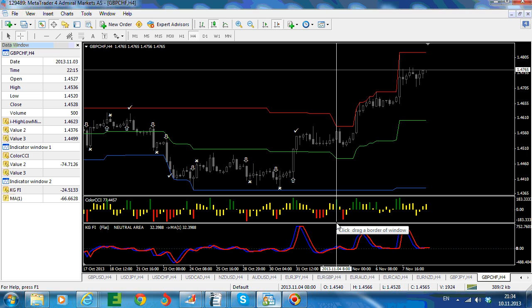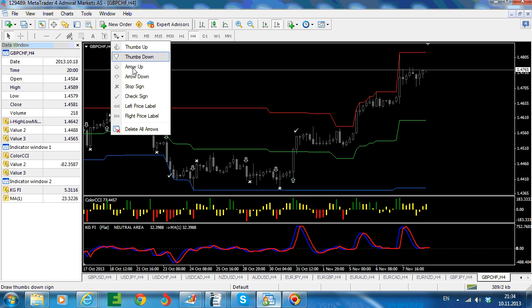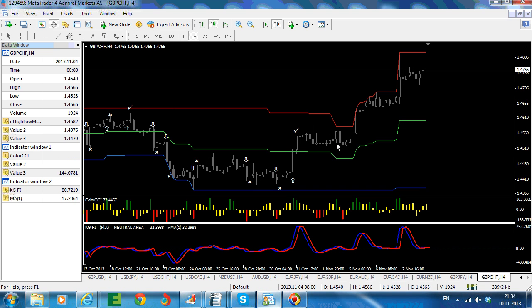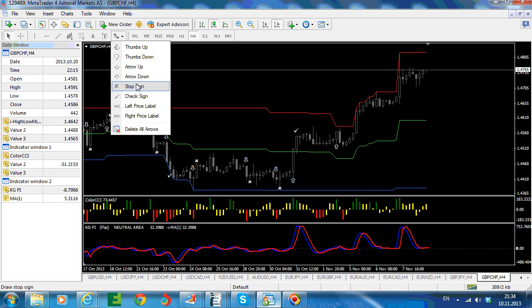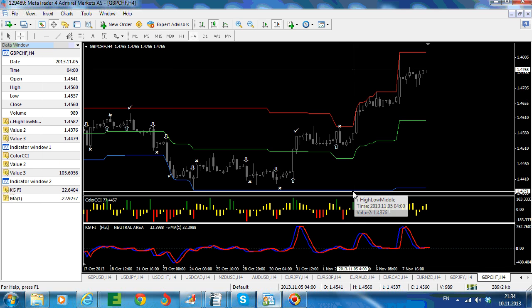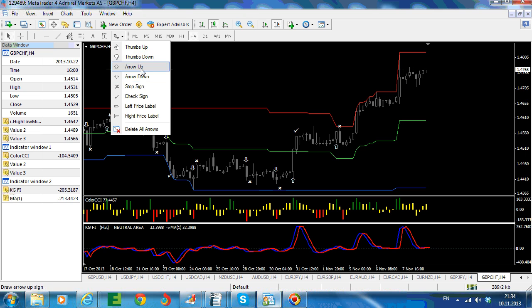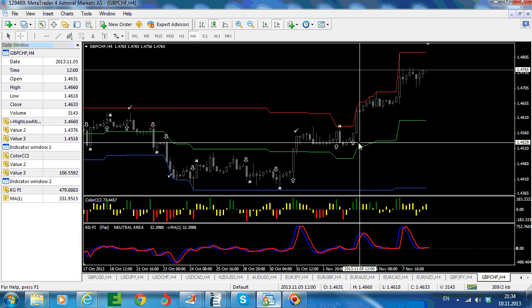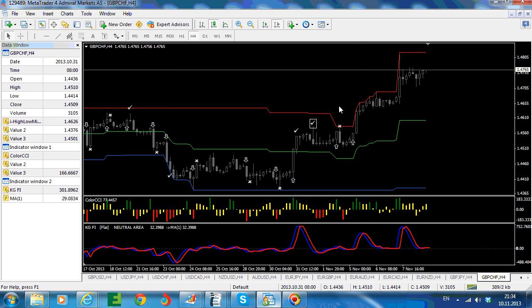In a ranging market, most of the options are going to expire out of the money. Actually, this expired out of the money as well, and the trend begins from this moment on. They should expire into the money, and sure they do.